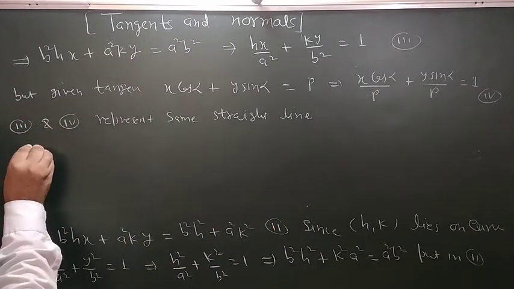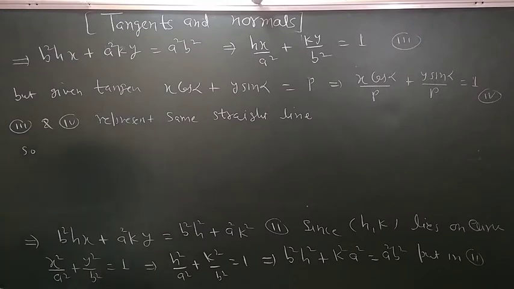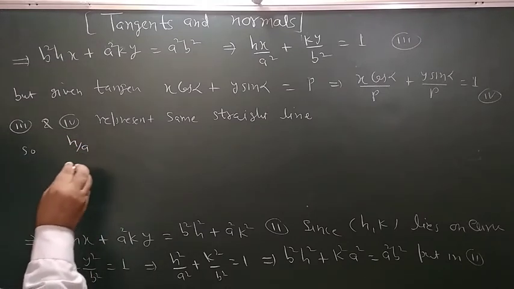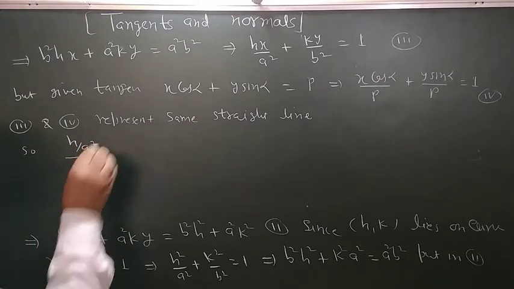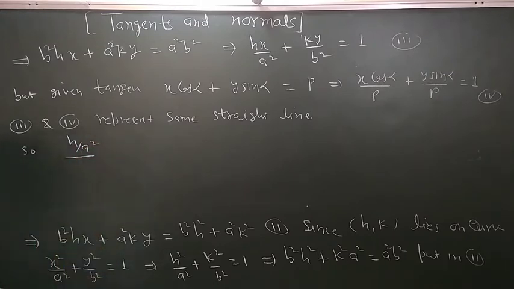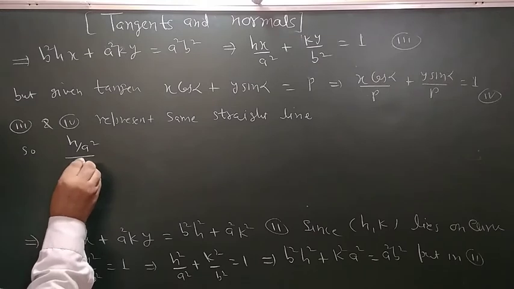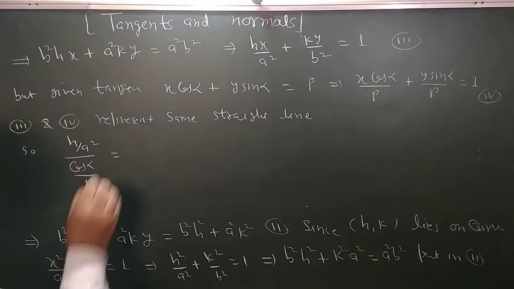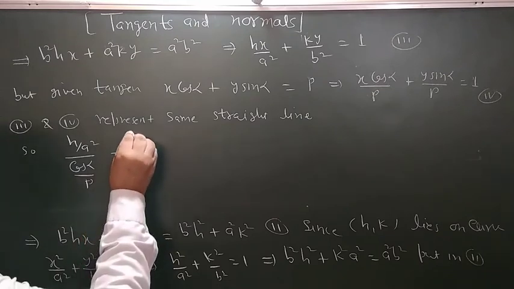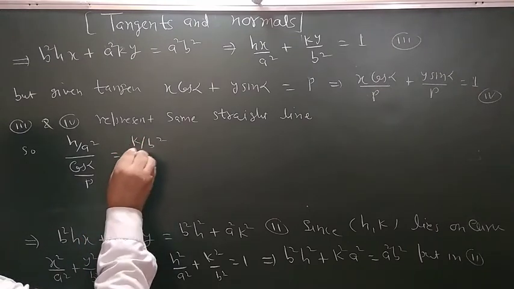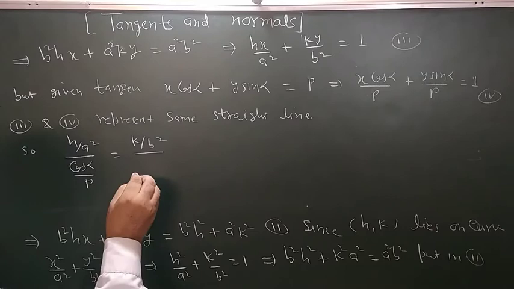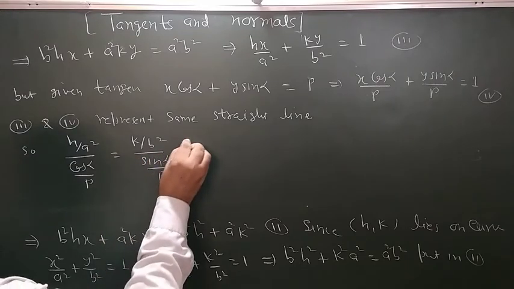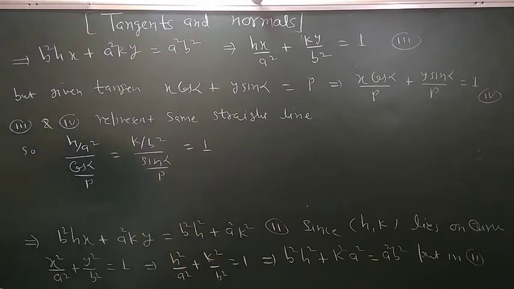So h upon a square upon cos alpha upon p equal to k upon b square upon sin alpha upon p is equal to 1.